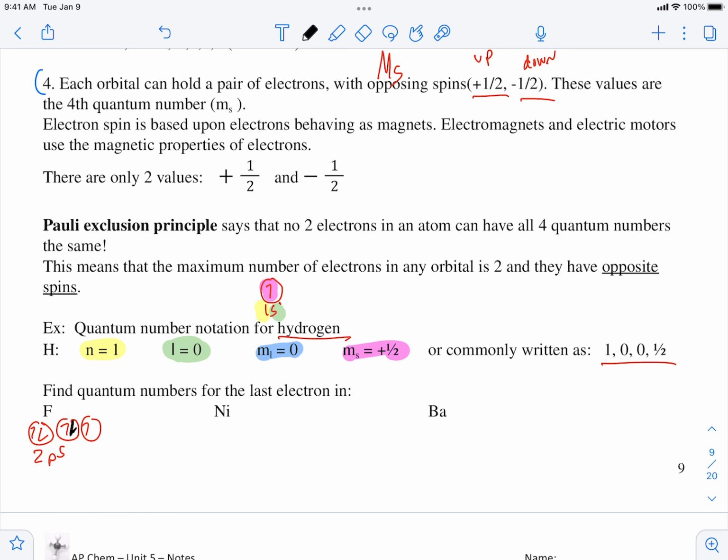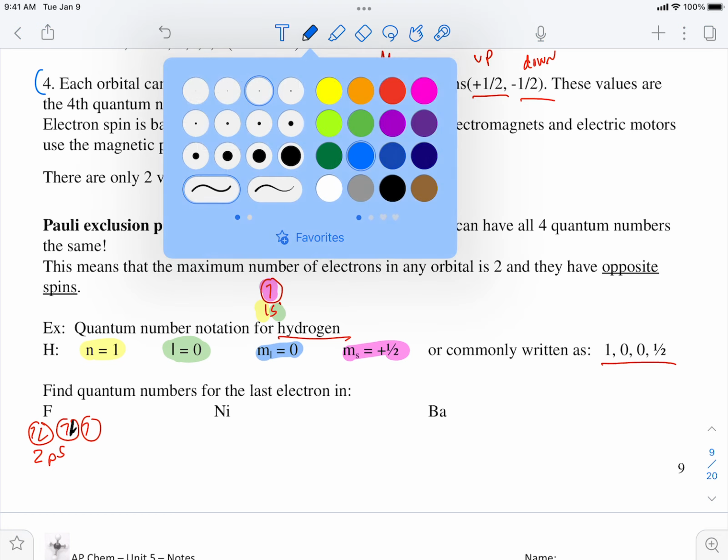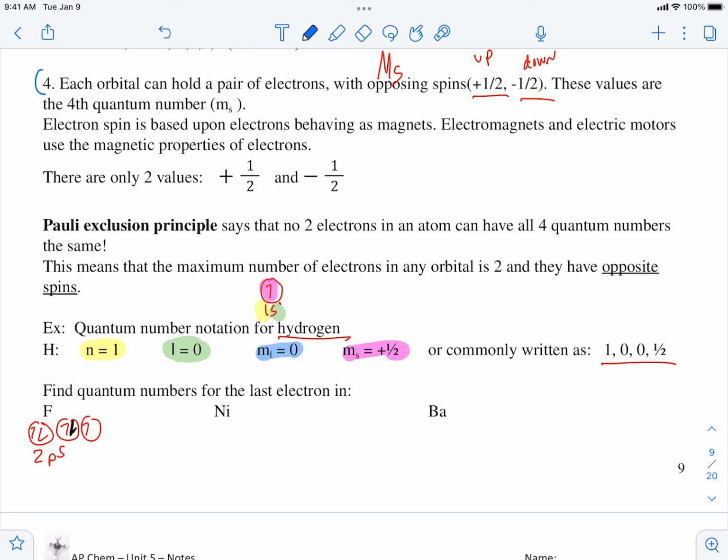So what is the principal quantum number? In other words, what's the energy level we're talking about? 2. What sublevel are we in? P. And P is coded to be what number? 1.